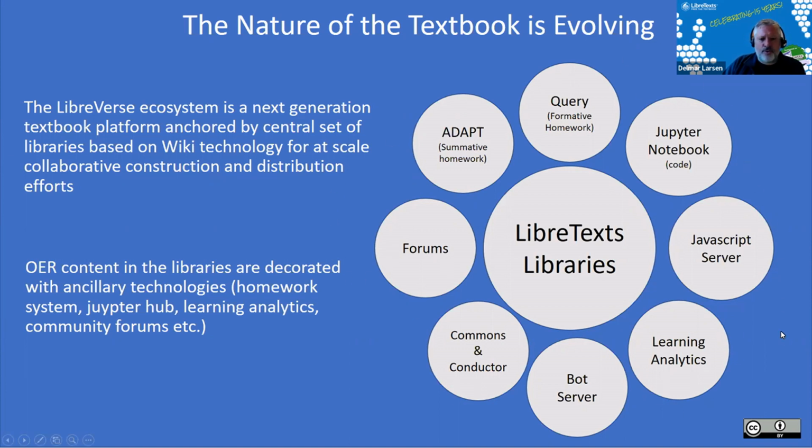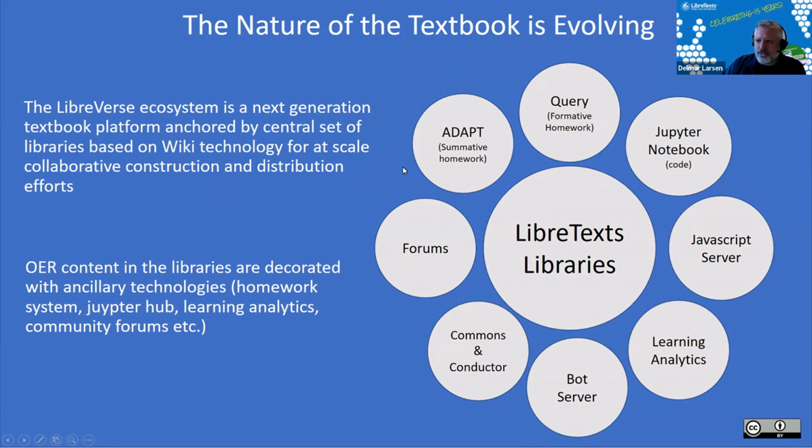I already gave an overview of the LibreVerse yesterday, so I won't go into much detail other than to say that there's a set of ancillary technologies around the libraries to provide value-added advancements to the content stored in the libraries.